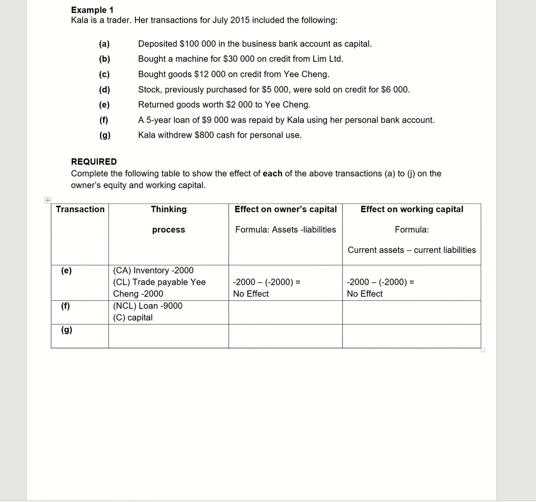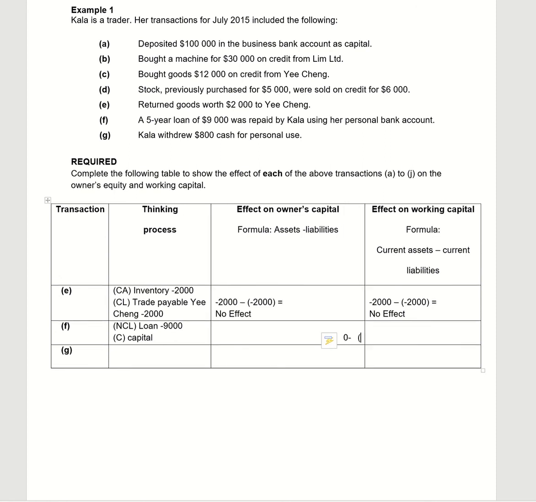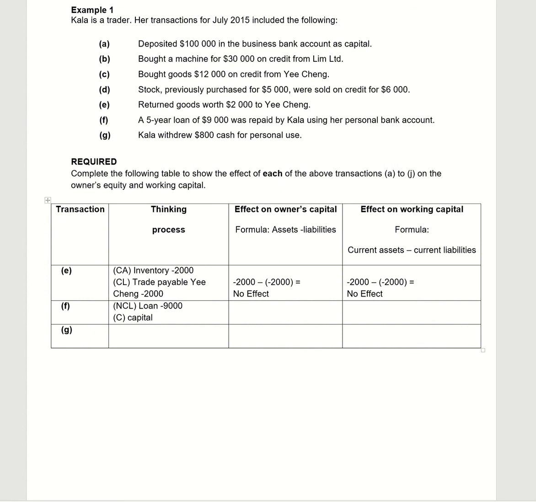So now if I look at the impact on your owner's capital, what is the impact? Is there any assets? No. Is there any liability? Yes. Liability includes both current and non-current liability. So with no assets, minus your liability, which actually decreases by 9,000.